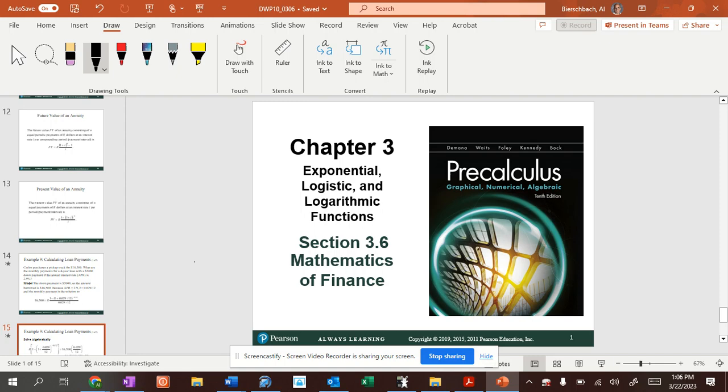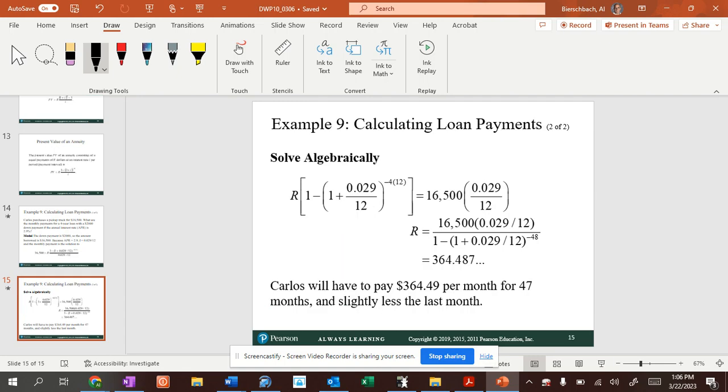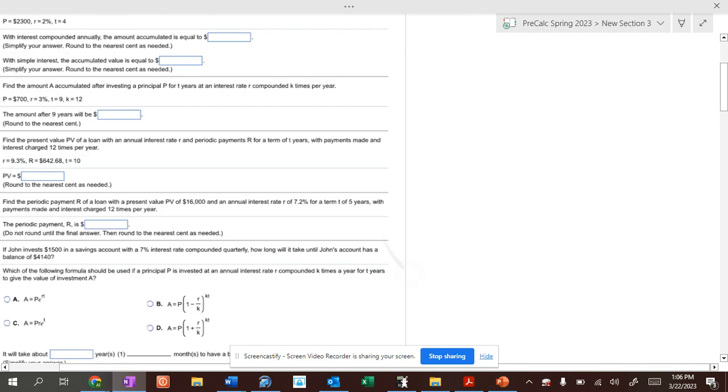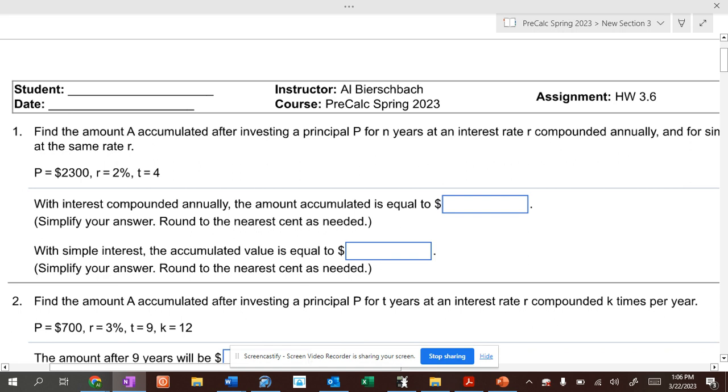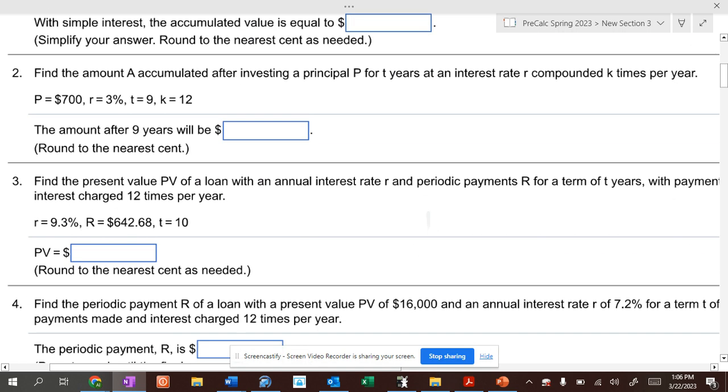Okay. So we're going to look at a couple of the problems you'll be doing. I think everybody can handle these. Compounded annually, compound interest formula, just plug it in.